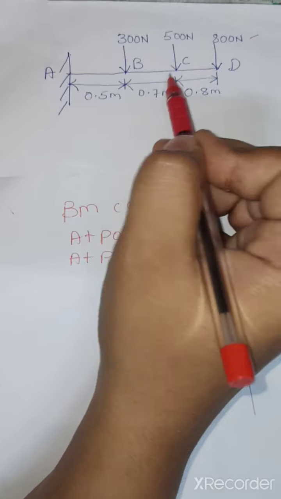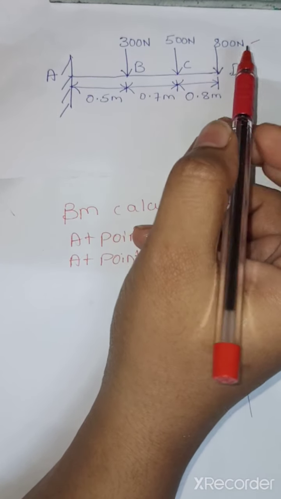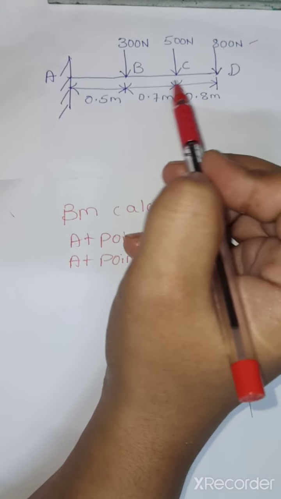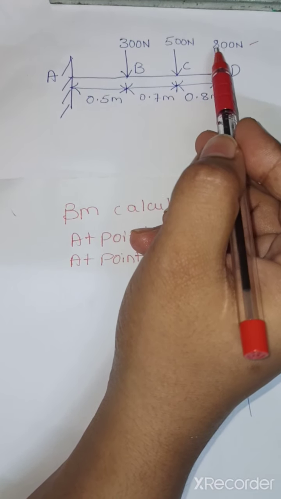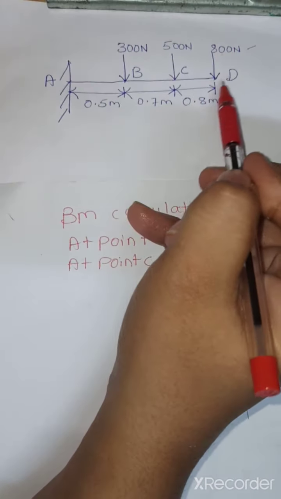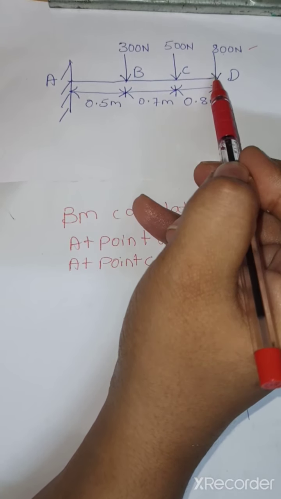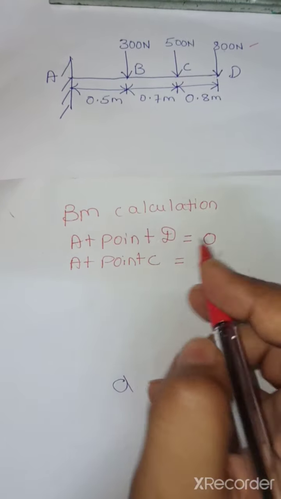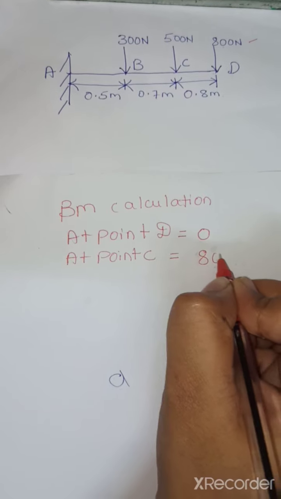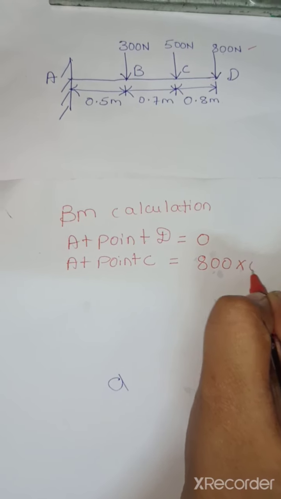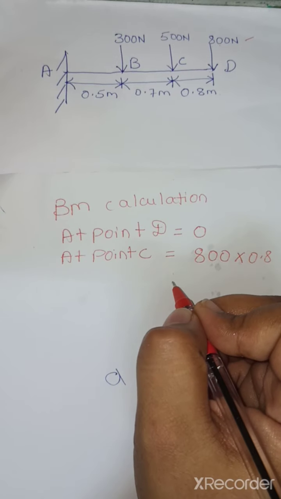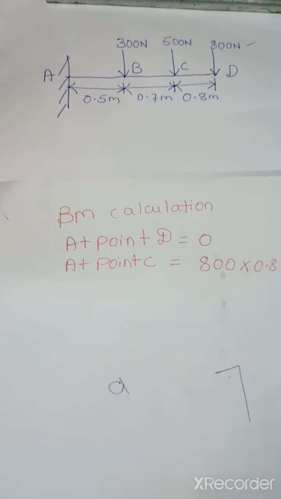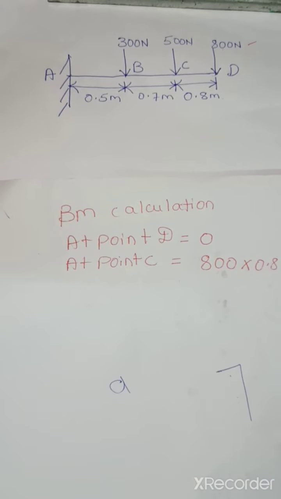So force into this distance, the perpendicular distance, so 800 multiplied by 0.8. Go along the force through the line of action. So it is a clockwise variation, so 800 multiplied by 0.8. Since it is a clockwise variation, we are going to take it from the right hand side of the beam.